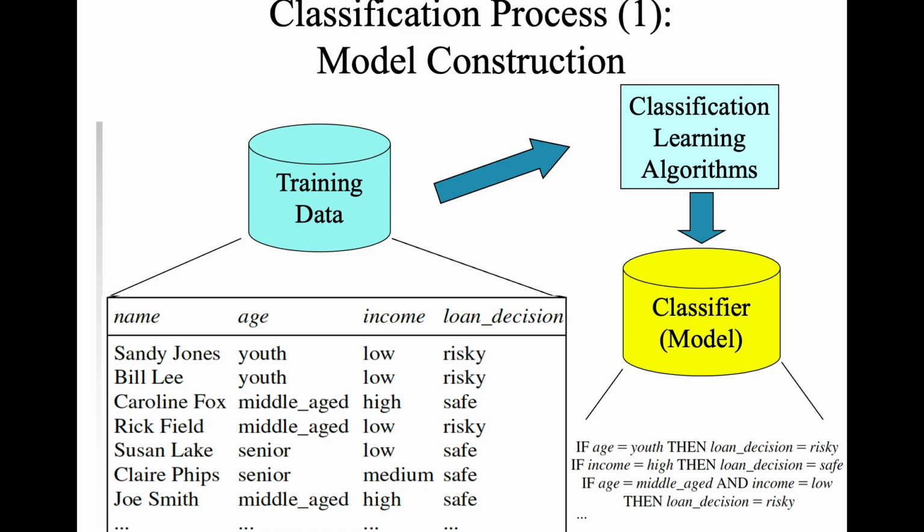So what is the class label here? The class label is always the feature or the column that we want to predict. So what are the class labels?